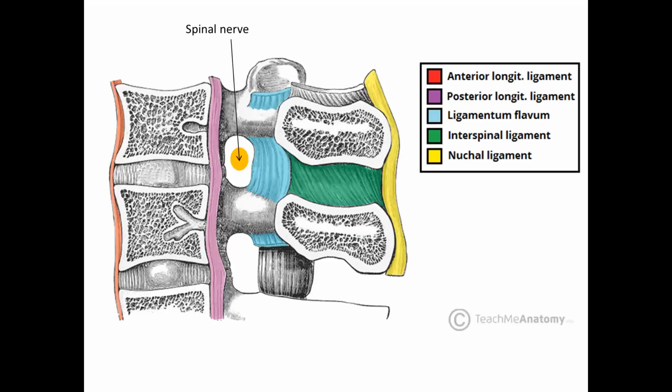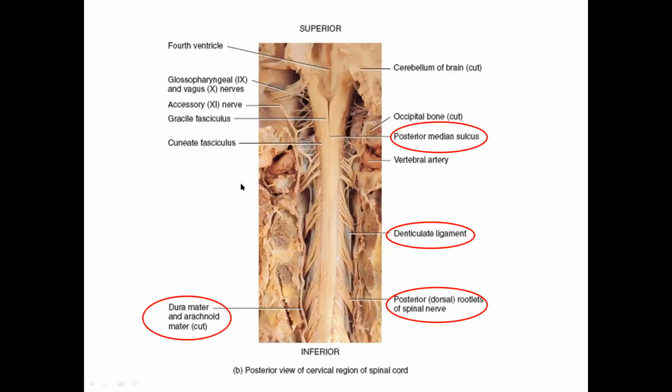Here are the vertebral canal and the spinal nerve coming through the vertebral canal, between the vertebrae. This is a gross specimen of it. You can see the posterior median sulcus, and these small ones, because the spinal segment is a little bit long, the nerves come out in tiny rootlets.